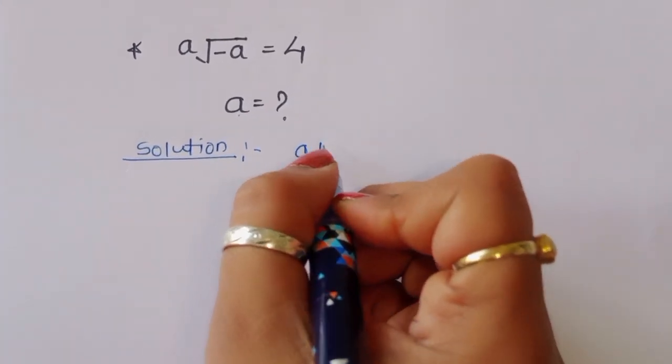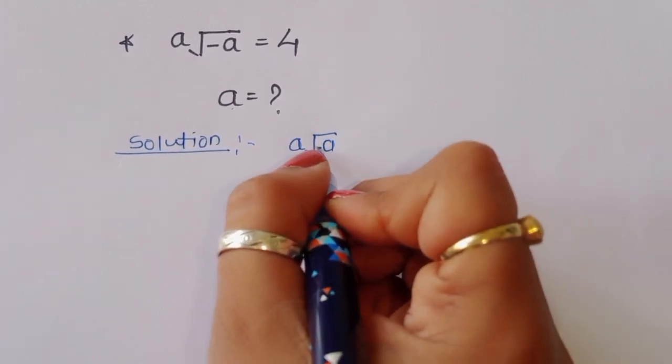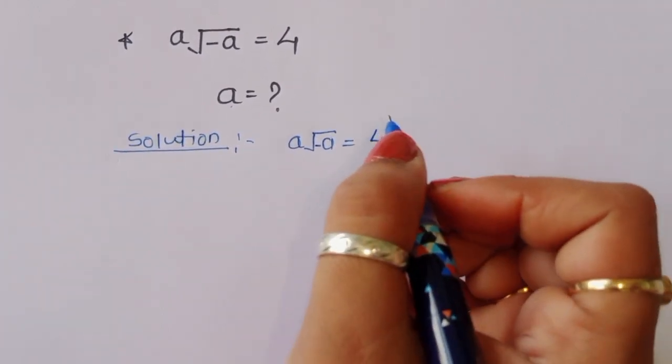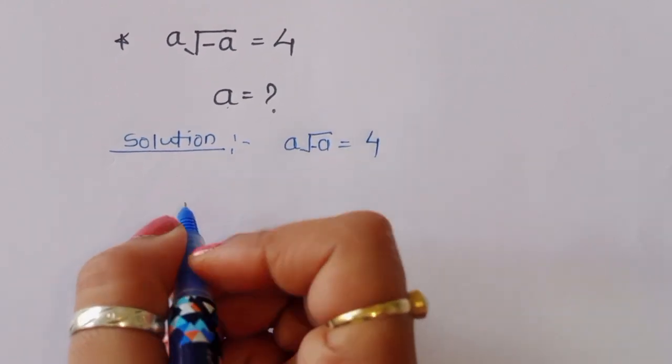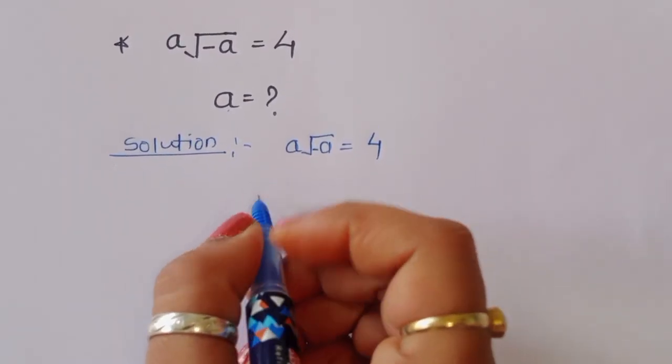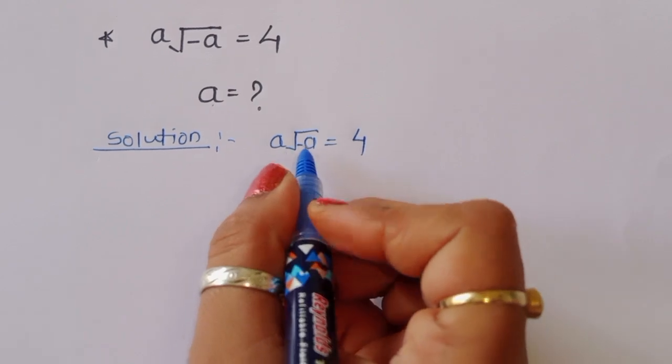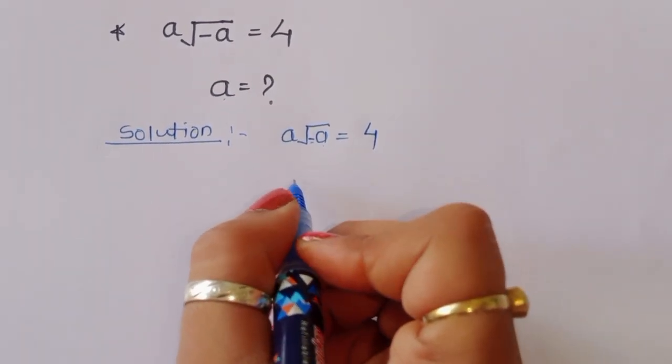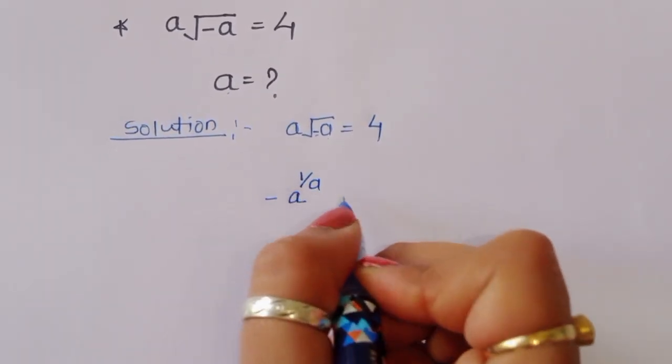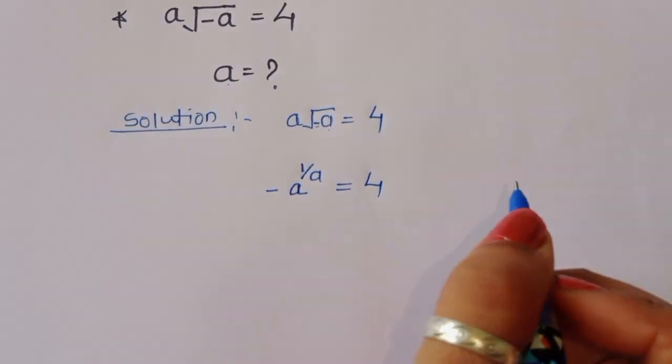The a-th root of minus a is equal to 4. This is given, so we can write minus a to the power 1 upon a is equal to 4.